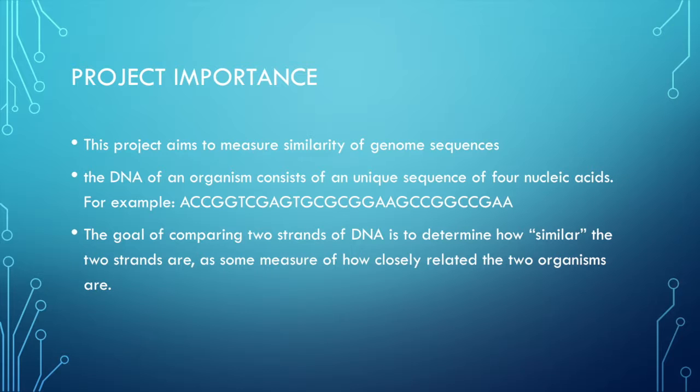A DNA of organism consists of 4 types of nucleic acids: A, C, G and T, where A stands for adenine, C for cytosine, G for guanine and T for thymine. And the sequence of these 4 nucleic acids forms a unique sequence. The goal of comparing 2 strands of DNA is to determine how closely related 2 organisms are.